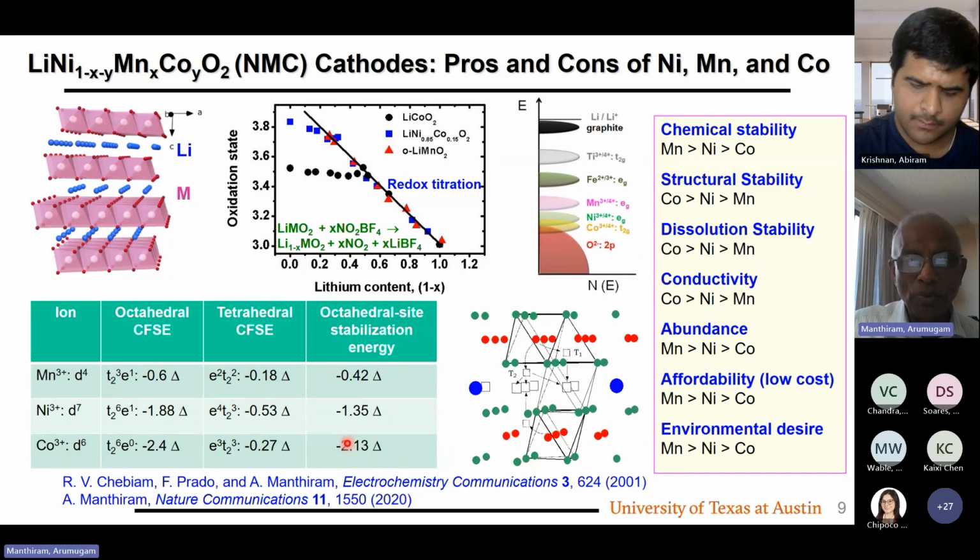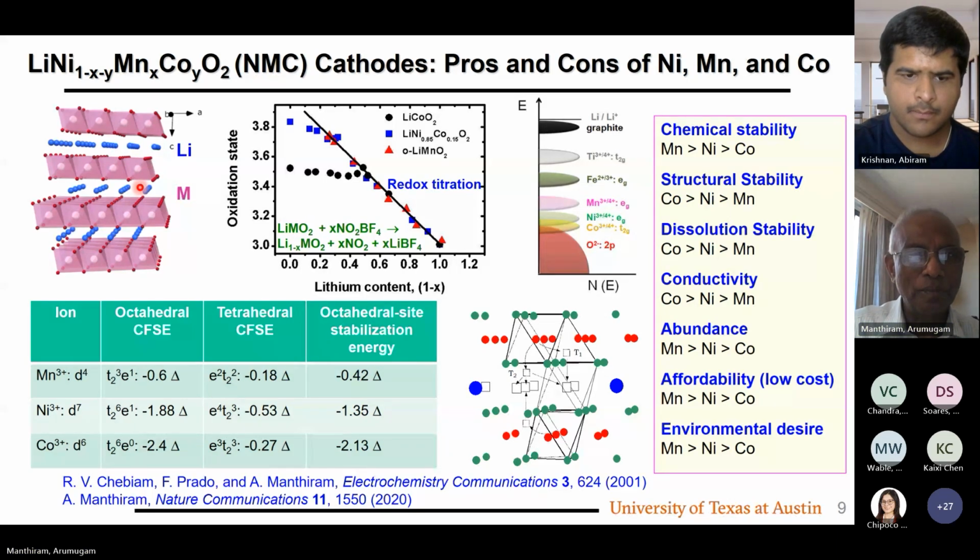It doesn't want to move from this layer to a neighboring tetrahedral site to the lithium layer. It does not transform from layered to a spinel-like phase. So that's good. That's a gift with lithium cobalt oxide. Manganese, if you take very small difference, so manganese will tend to move from that layer through this tetrahedral site to this layer.